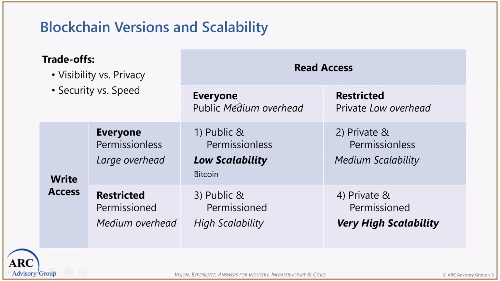And this is done in a fashion that allows everyone to have read access and everyone to make a transaction or have write access. So there's a lot of overhead associated with that.